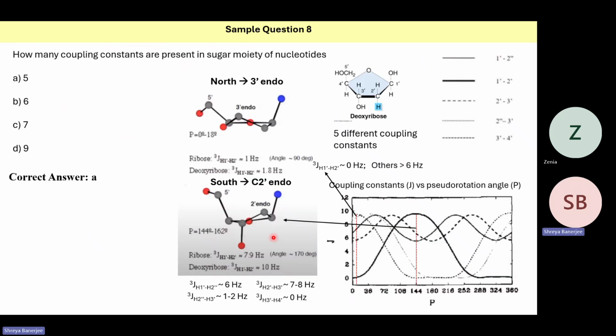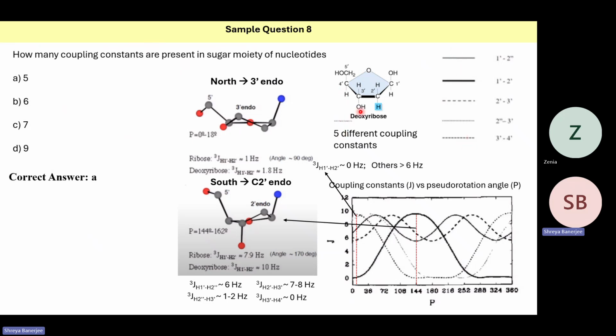So here, if we look at the sugar moiety, there are 5 coupling constants present. From the 1' hydrogen to the 2', from the 1' to the 2 double prime, from the 2' to the 3', from the 2 double prime to the 3', and from the 3' to the 4'. These are the 5 coupling constants that we observe.